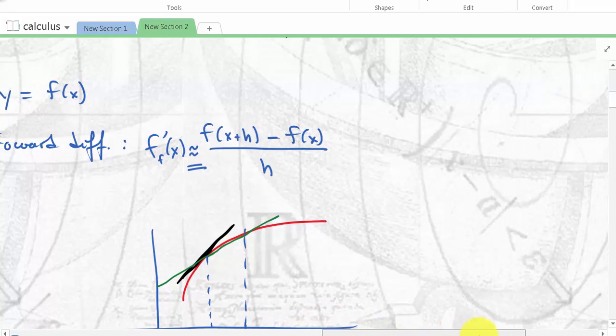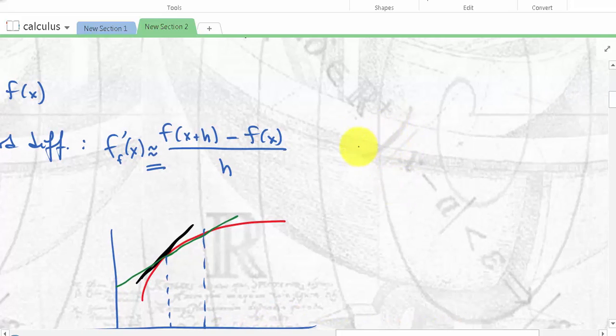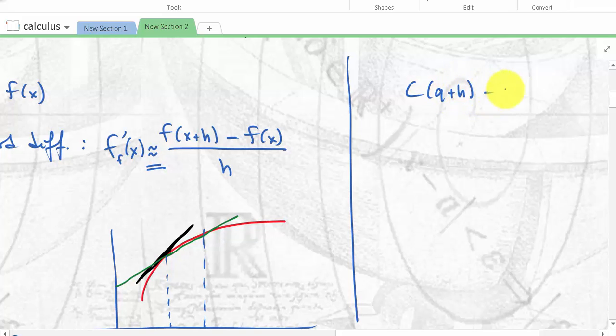So how would that forward difference translate to the cost, revenue, and profit functions? Well, let's see. If I look at the forward difference of the cost function, I get C of Q plus h minus C of Q, divided by h. But the cost function is what we call in math a discrete function. h cannot be 0.1.